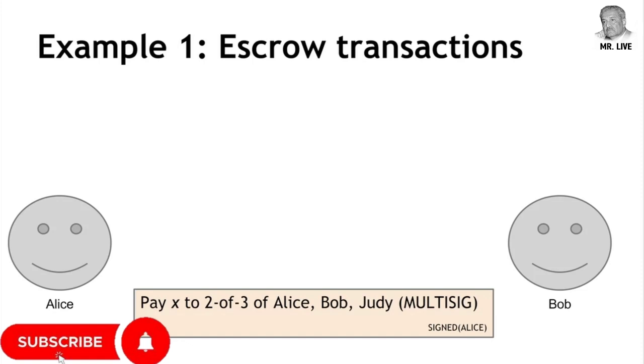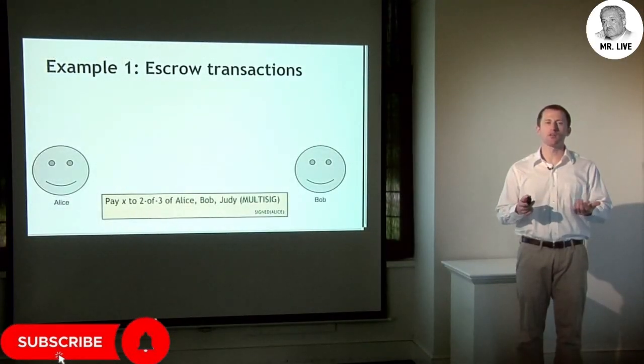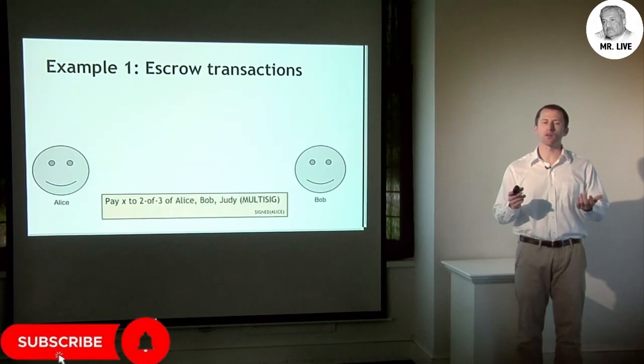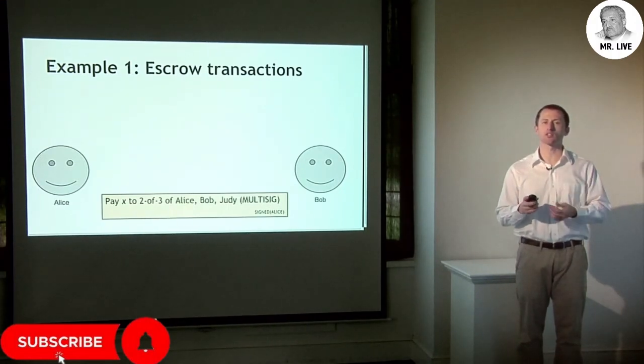And those 3 people are going to be Alice, Bob, and Judy, who's a judge who's going to come into play in case there's any dispute. So Alice will create this transaction for the desired amount with that 2 out of 3 multi-sig between Alice, Bob, and Judy. Alice signs the transaction, redeeming some coins that she owns, and this will get published in the blockchain.